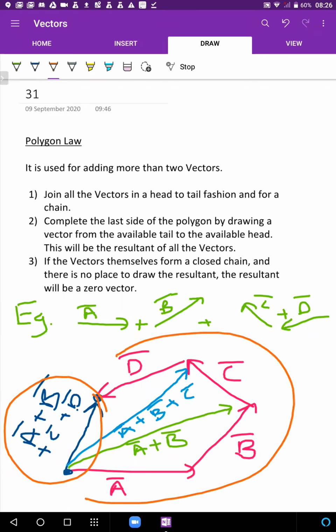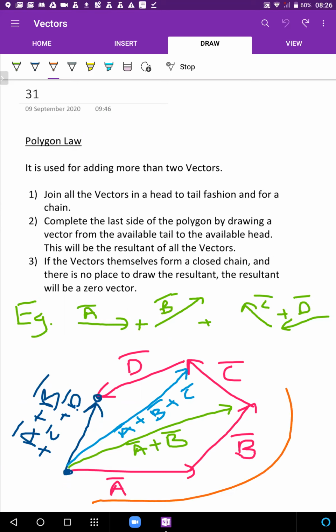So by triangle law, we have proved that Polygon law is true. The addition of these three vectors again was A plus B plus C by Polygon law. So Polygon law is nothing but an extension of triangle law, which you can now remember. Of course, when you have multiple vectors, you'll have to apply Polygon law to get your resultant.